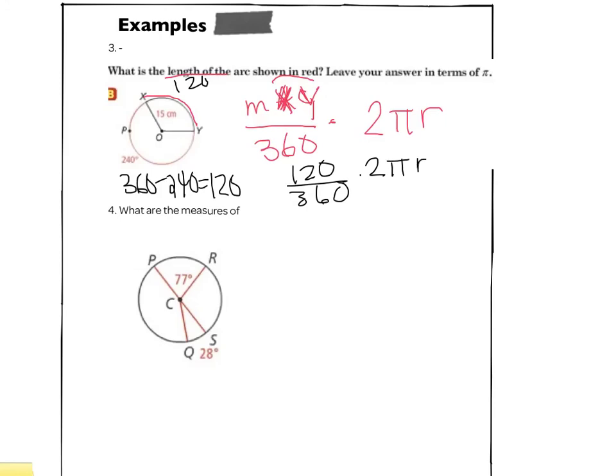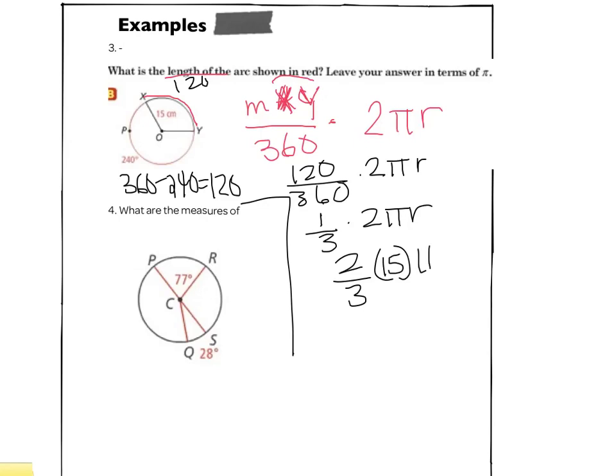And it says to leave it in terms of pi, so let's simplify this. That's 1/3 times 2 times pi times r, which simplifies to 2/3. We want to plug in what r is, and here we have that it's clearly 15 times pi. So this is going to simplify to 30 over 3 times pi, which simplifies to 10 pi. And again, this is centimeters.